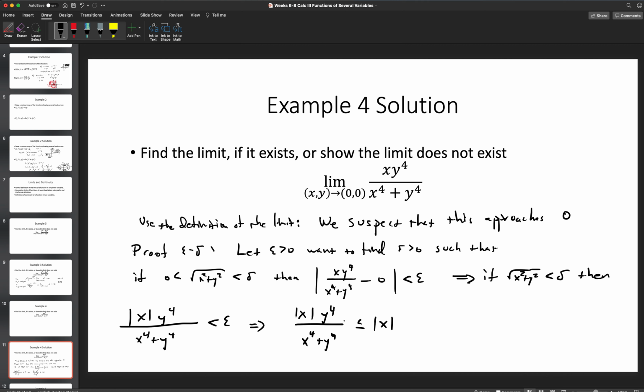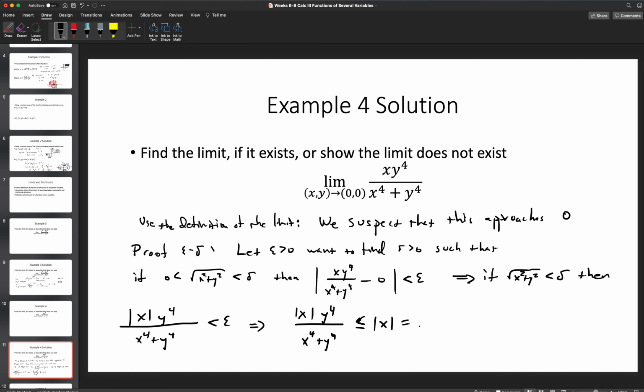It's because if we have y to the fourth divided by x to the fourth plus y to the fourth, this fraction, with y being some value and x being any value, is going to be 1 or less. So when you multiply this by 1 or less, it's always going to be less than or equal to the absolute value of x. So there's the reasoning for that.